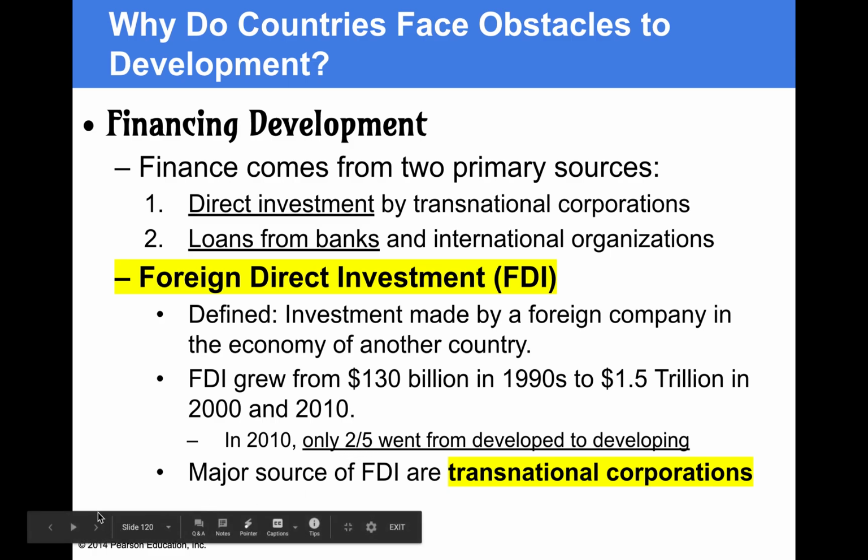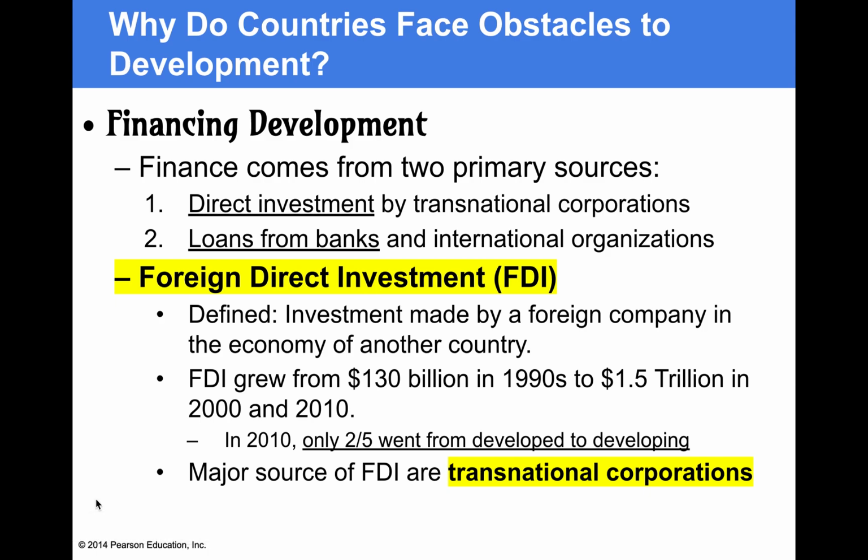And the main investor with loans is multinational corporations. Again, we talk about the transnational corporations being the main source of FDIs. When we look at 500 of the largest transnational corporations in 2018, 344 had headquarters in developed countries.